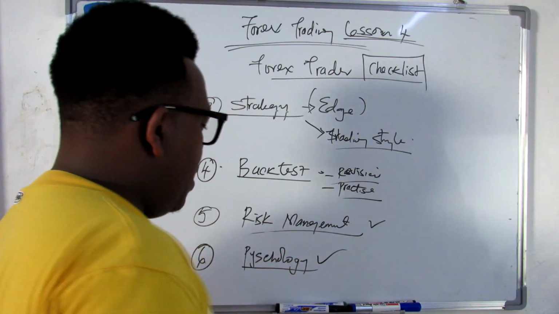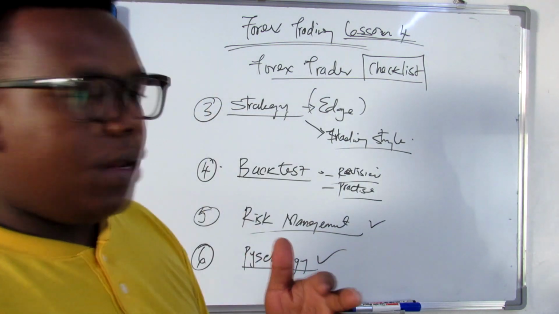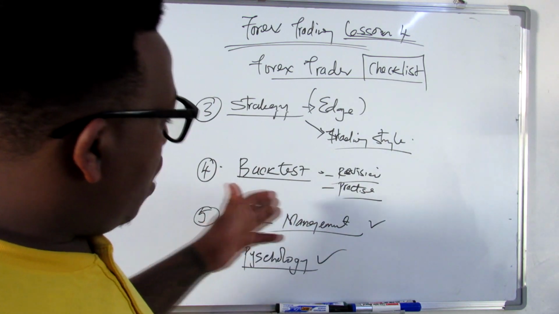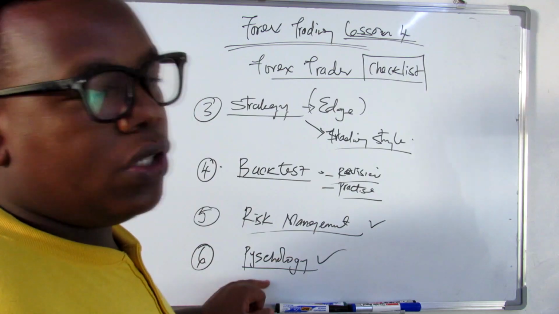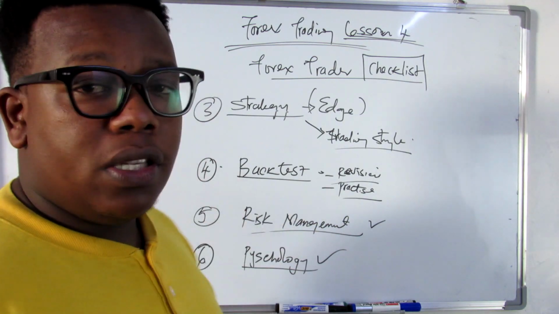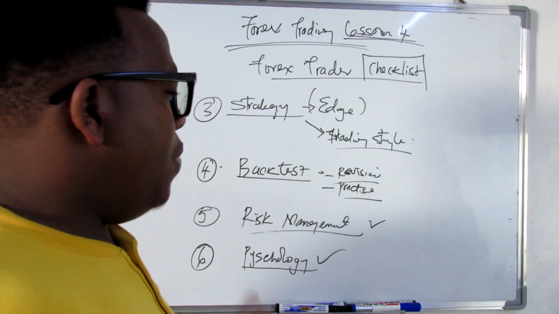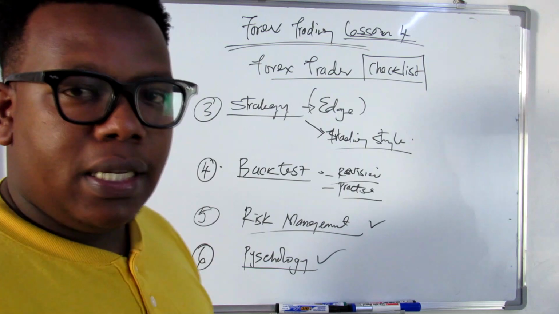This is the hardest part, since you can master a strategy within 3-4 months. Risk management, you can as well master within a few months. But when it comes to psychology, this is what takes years and years for you to master yourself, to understand yourself, and of course, to be sensitive when it comes to emotional things and money-related issues.